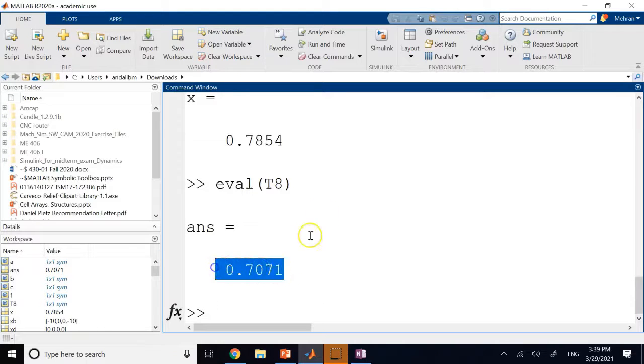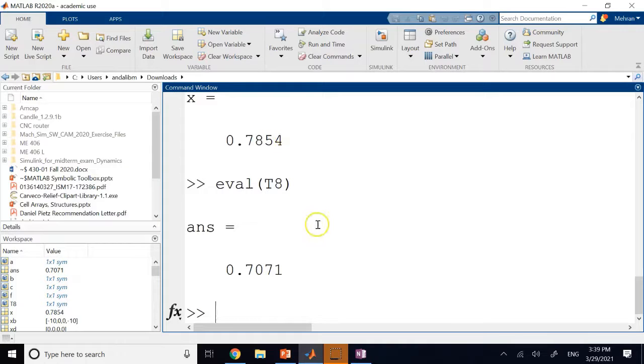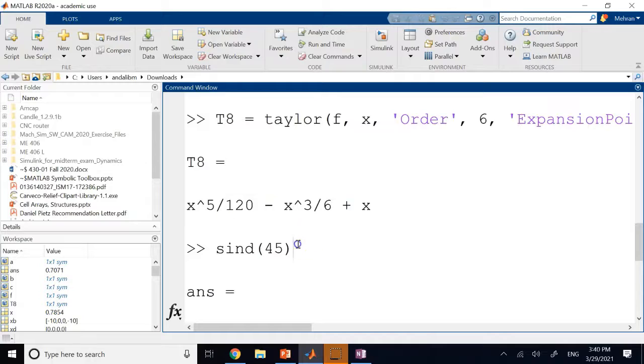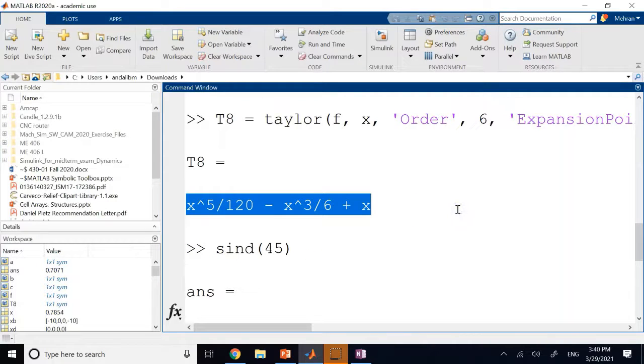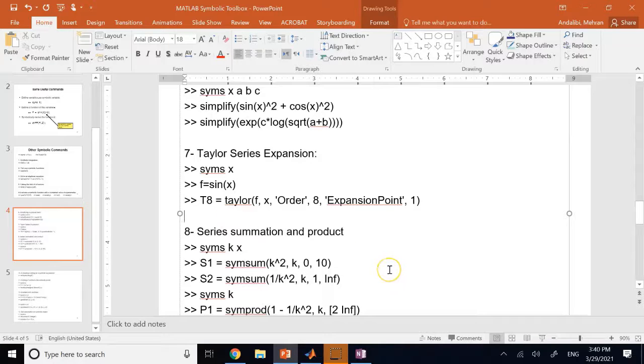Right? This one and what? This one. You see? Those 3 terms are sufficient to give me a very accurate value for what? For the sine function. And I told you that's how your calculator calculates sine, cosine, logarithm, and every other function. Okay, so this Taylor series, which is, by the way, one of your project items, you know how to do it now.